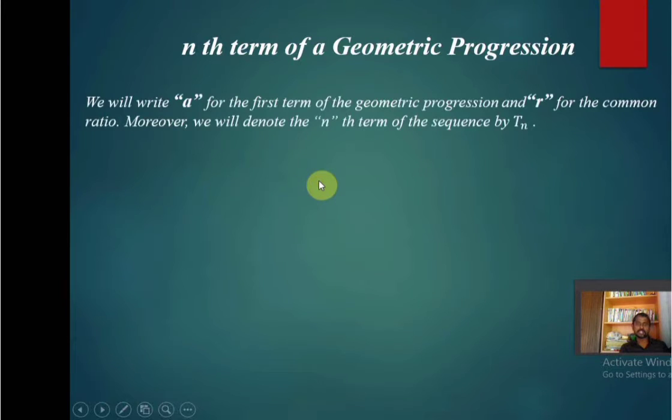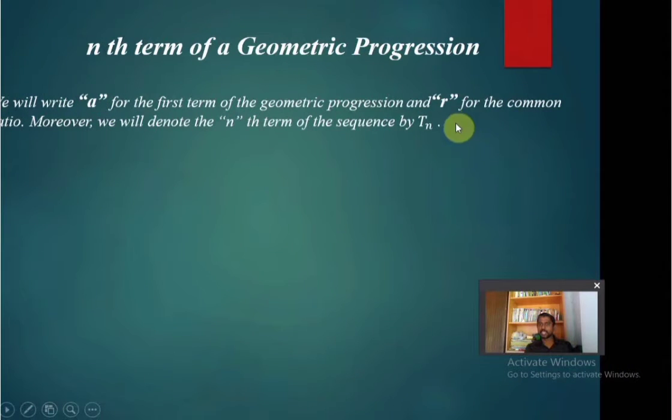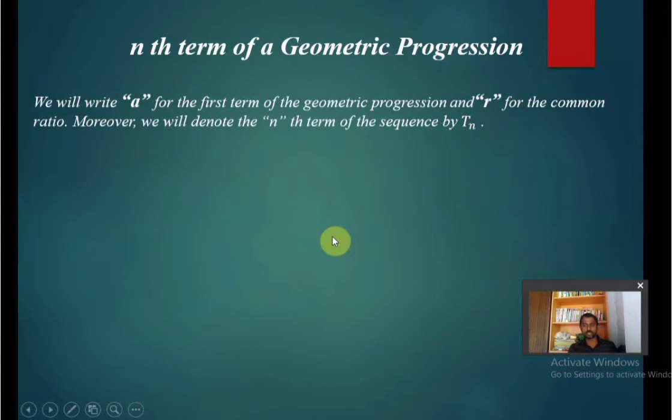We write the first term of a geometric progression as A, and the common ratio as R. The nth term of the sequence we call Tn. The first term is T1, the second term is T2, the third term is T3, like that.